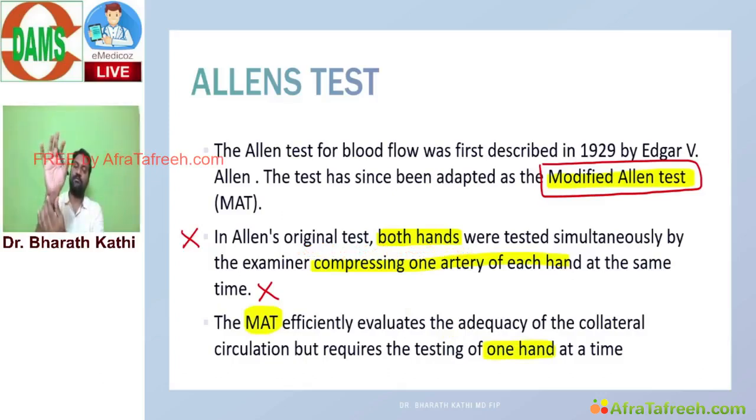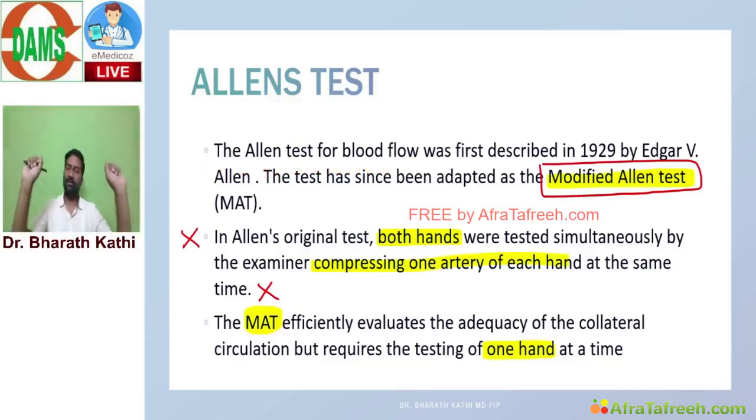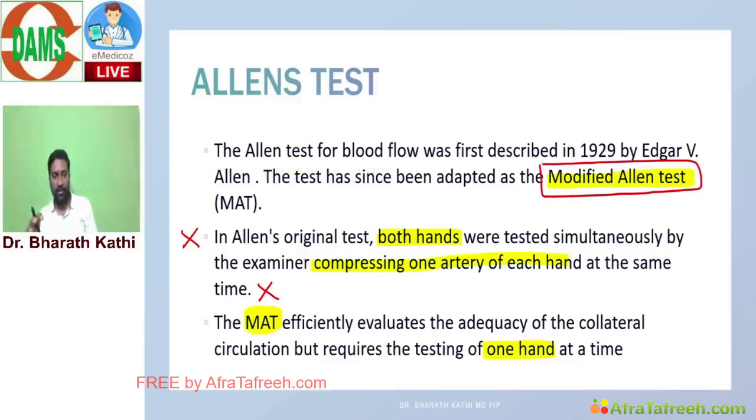Whereas in the original Allen's test, we were compressing one artery of each hand at the same time, comparing both hands. So for all practical purposes, now we are only using the modified Allen's test, which evaluates the adequacy of collateral circulation but requires testing of one hand at a time.